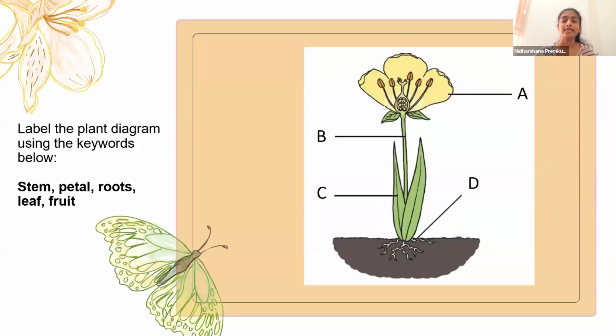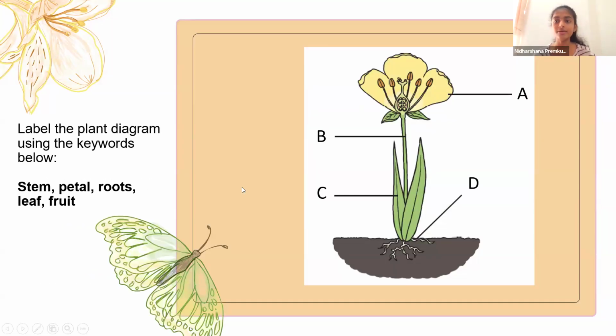Now, in this slide, you can see there's a picture of a flower and a set of keywords you can use to name them. There's A, B, C, and D. By looking at it, you can definitely label the parts of the flower. A, obviously, is labeled the petals.